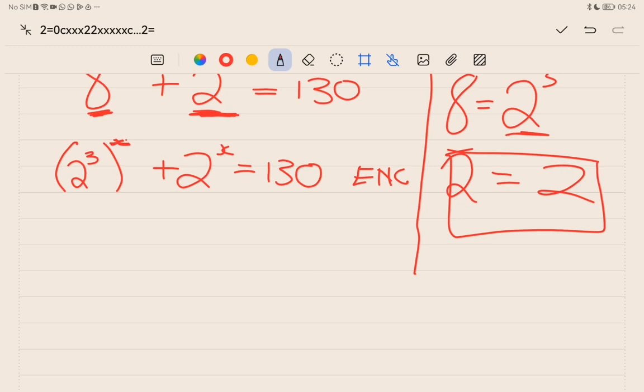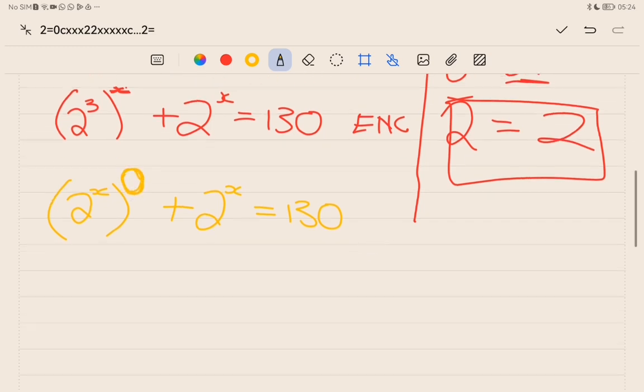My goal is to have something like 2 to the exponent x to the exponent something, plus 2 to the exponent x, is equal to 130. So what would that something be? We must manipulate 2 to the exponent 3, with the whole thing being to the exponent x.